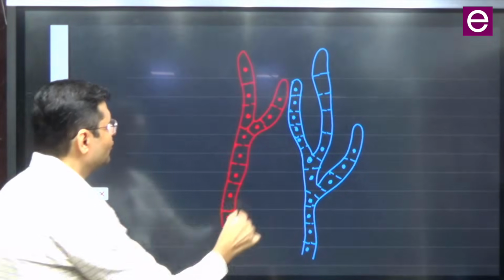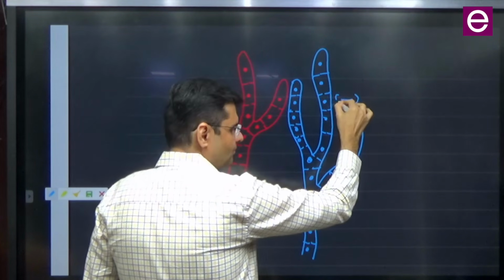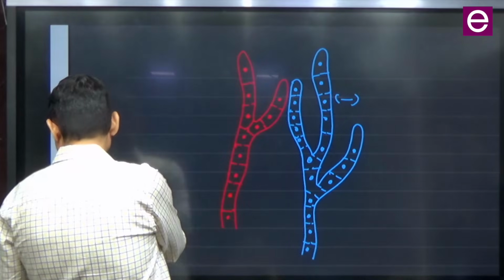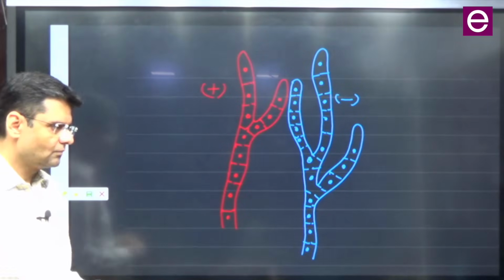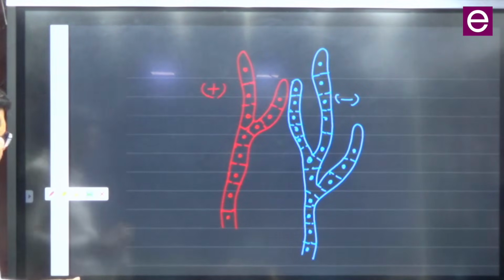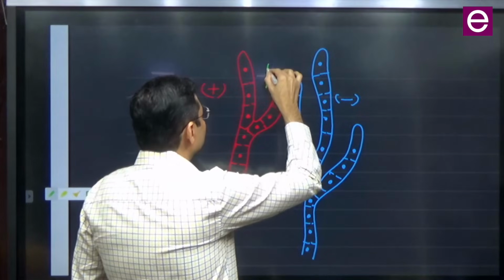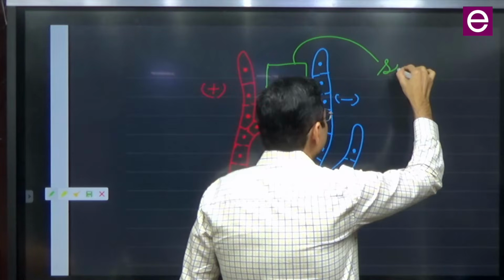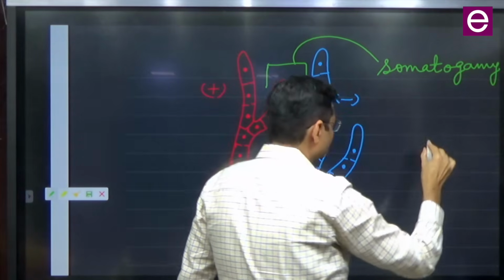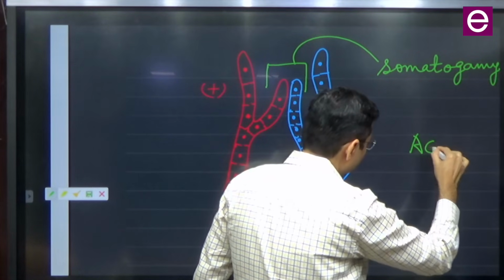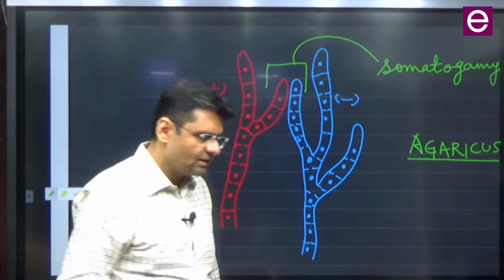All right, and then you can mark them as plus and minus. So यहाँ पे there will be an opportunity of somatogamy, and this is what? This is something we see in agaricus. Agaricus is what? A basidiomycetes edible fungus.